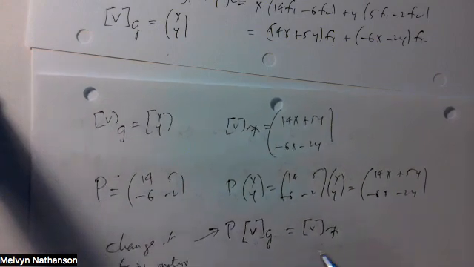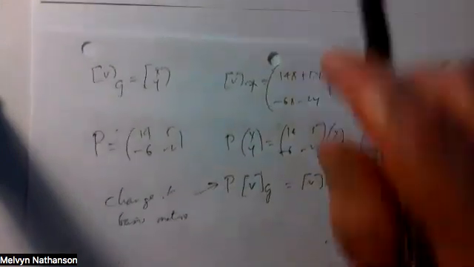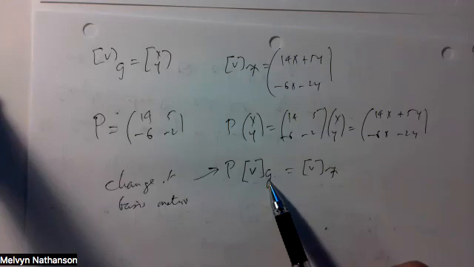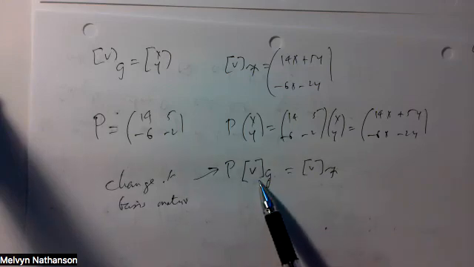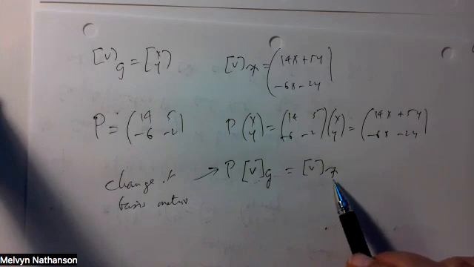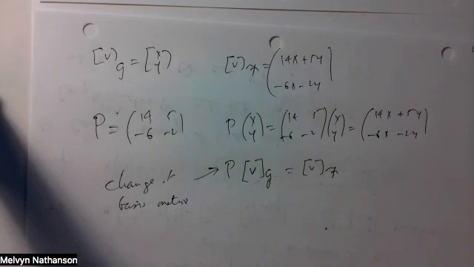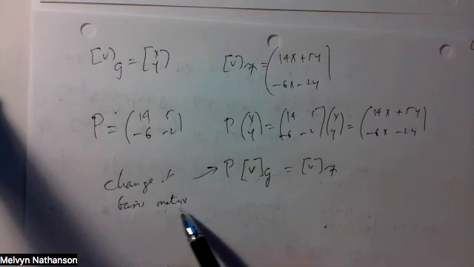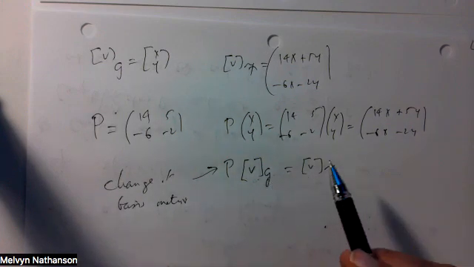If I have a vector and its coordinates with respect to the basis G, P times that vector gives me the coordinate vector for V with respect to the second basis F. And that's how we calculate the matrix P. This is the change of basis from G to F.